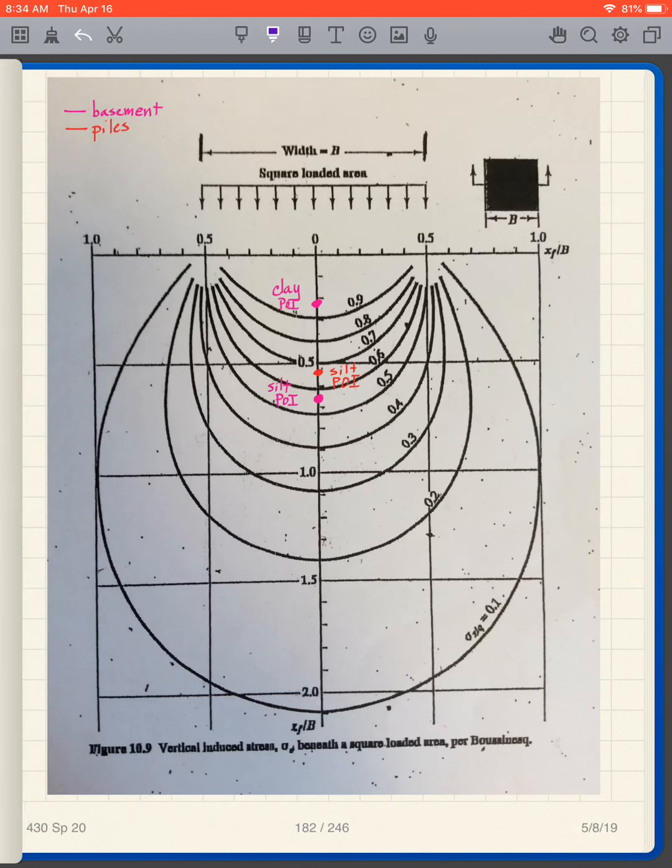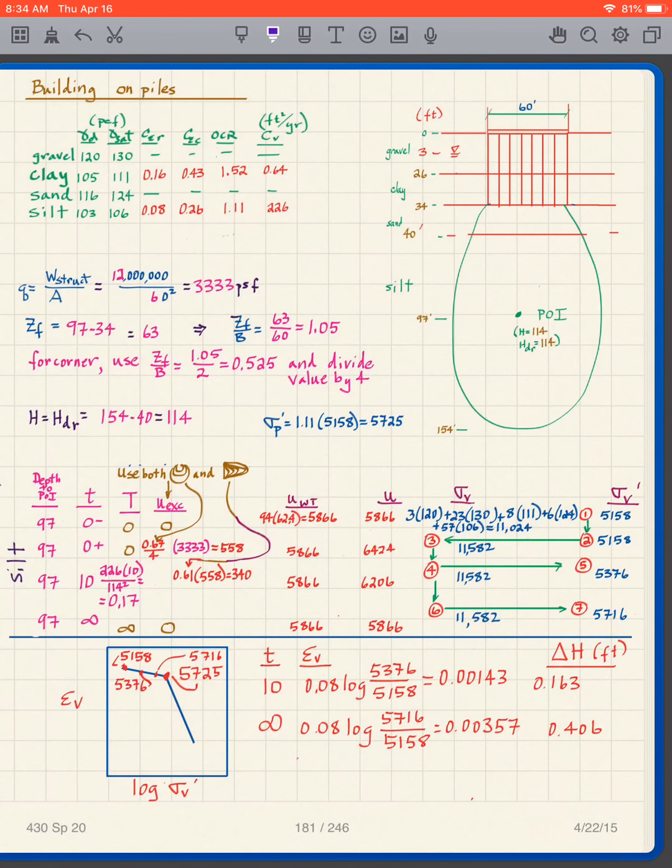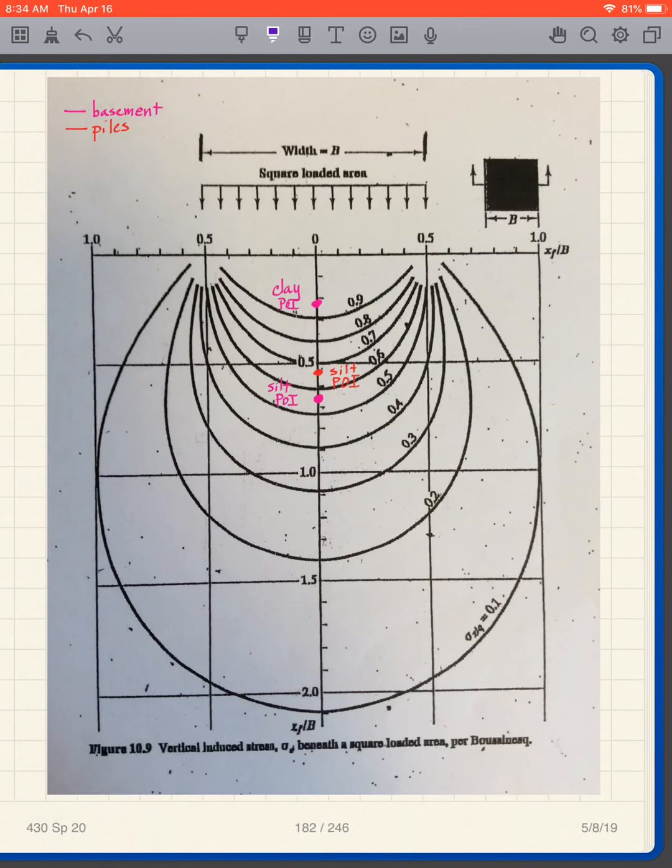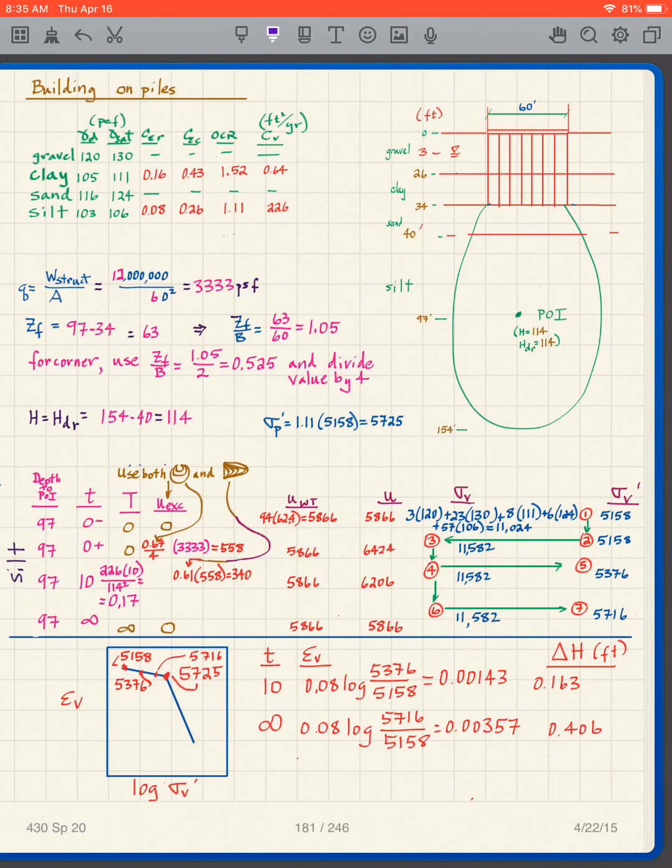So remember, we're at ZF over B of 0.525, and we use our little trick, so it's below the center. The silt point of interest, I'm right in there, so I'm between 0.6 and 0.7 for my contour.